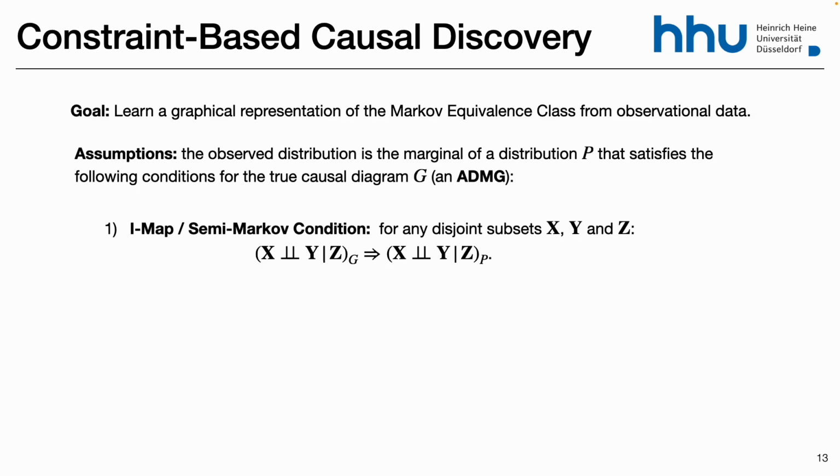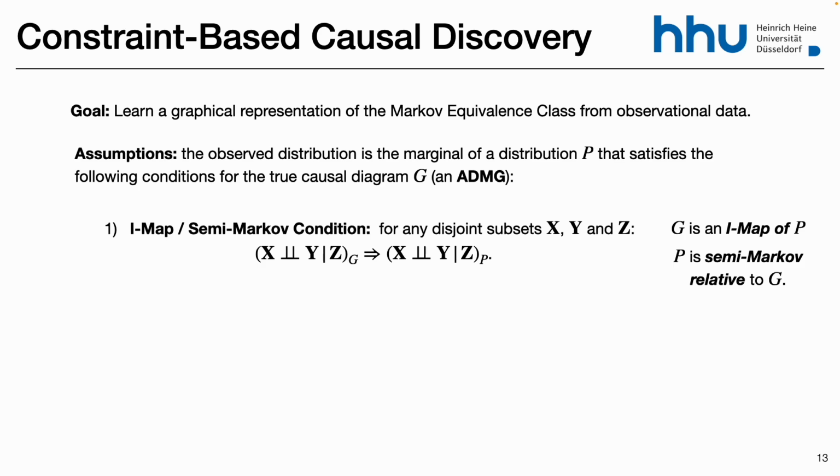So there exists a graph G, and the goal is to look for the equivalence class of this graph, such that all the separations in G imply those observed conditional independencies in P that you have in hand. You have P in hand. We are just saying that there exists G such that it is an independence map, as we saw before.